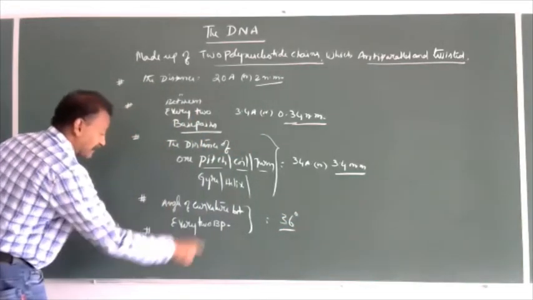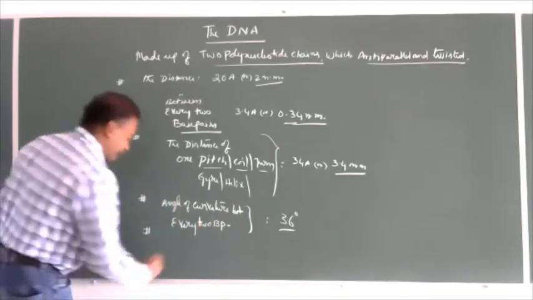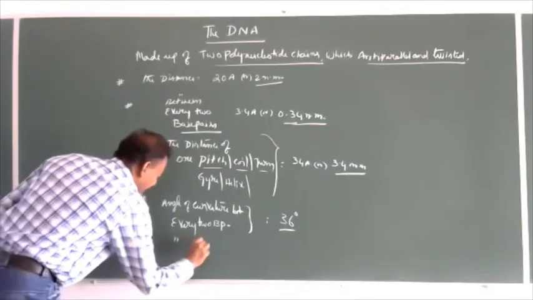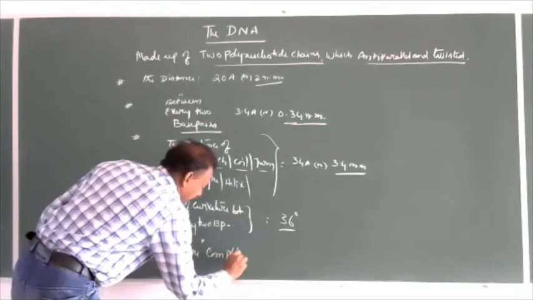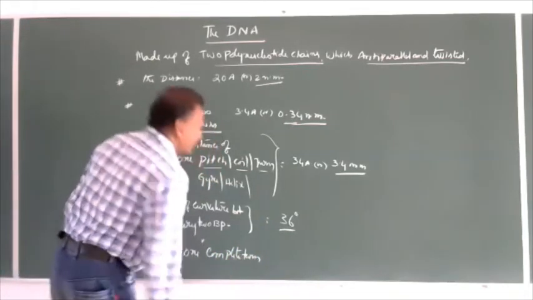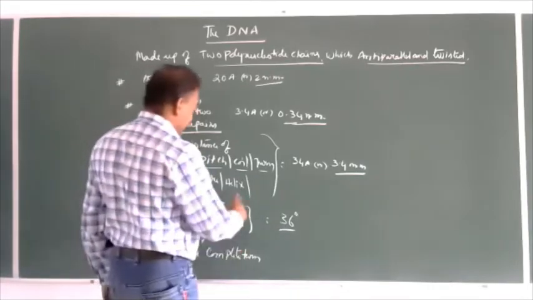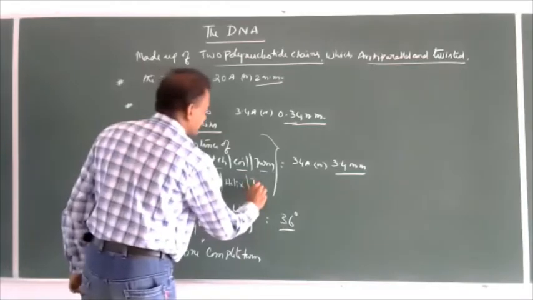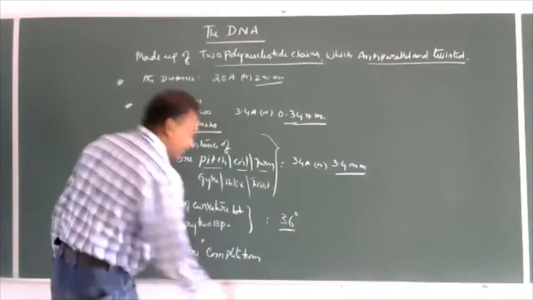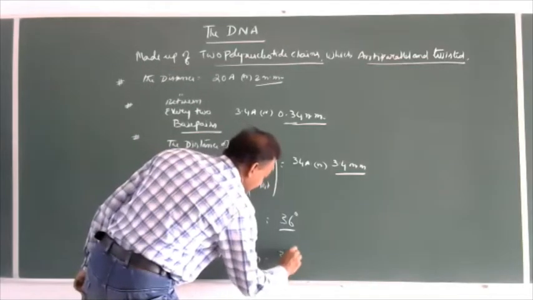So the angle of curvature of one complete turn or pitch or helix or gyre or twist is equal to 360 degrees.